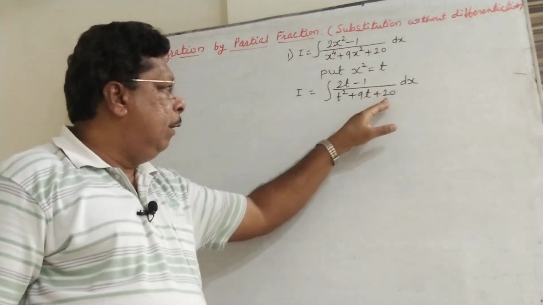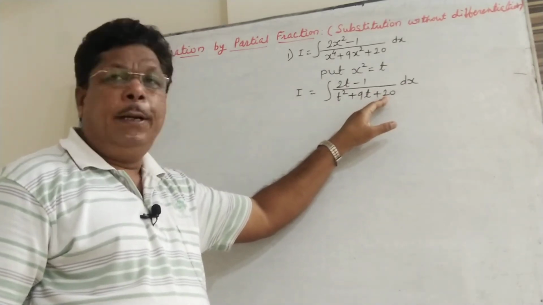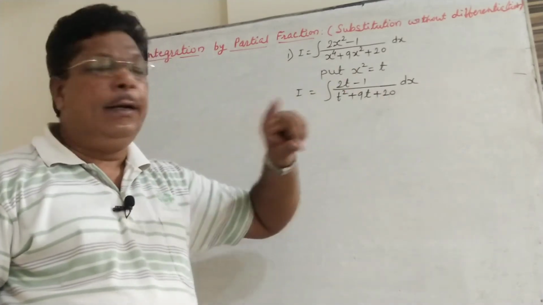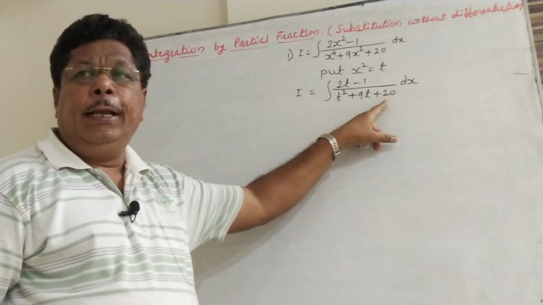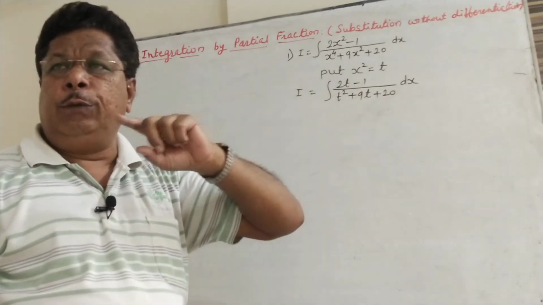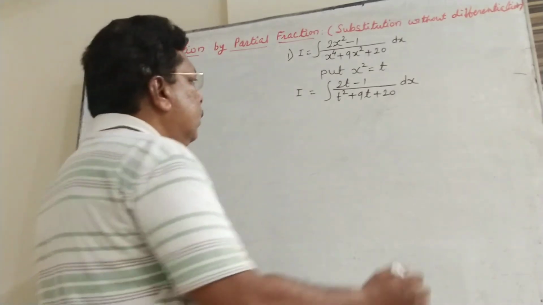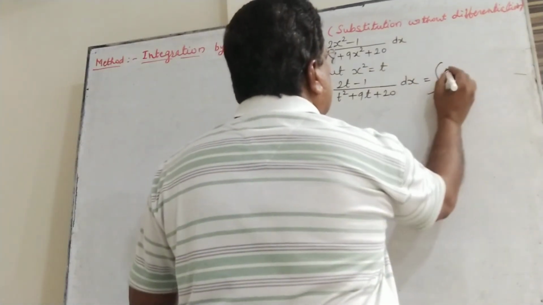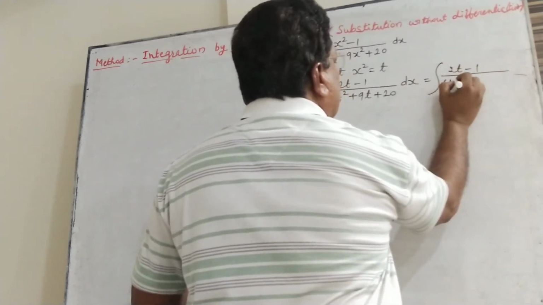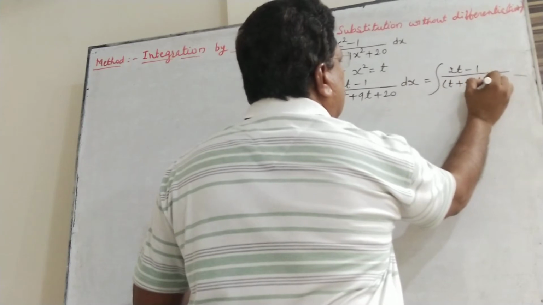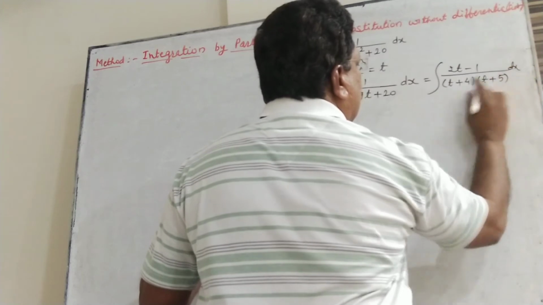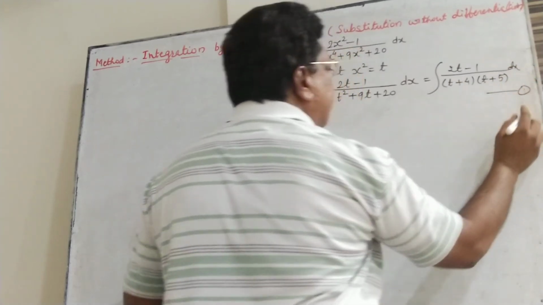Factors of 20: choose two numbers whose multiplication is 20 and whose addition is 9. We know that 5 into 4 is 20, and 5 plus 4 is 9. So this becomes (2t minus 1) upon (t plus 4)(t plus 5) dx. Say this equation 1.